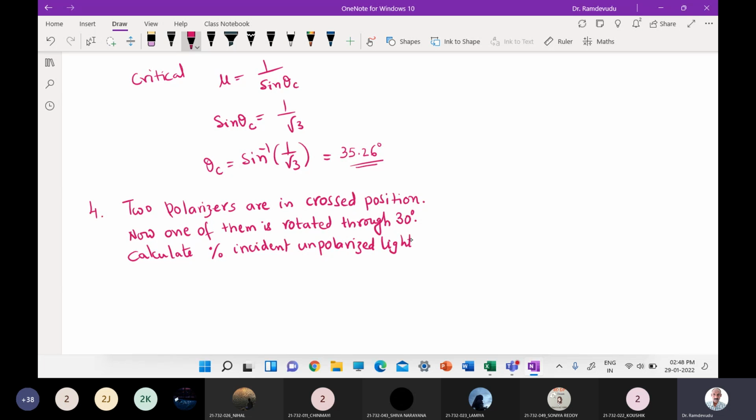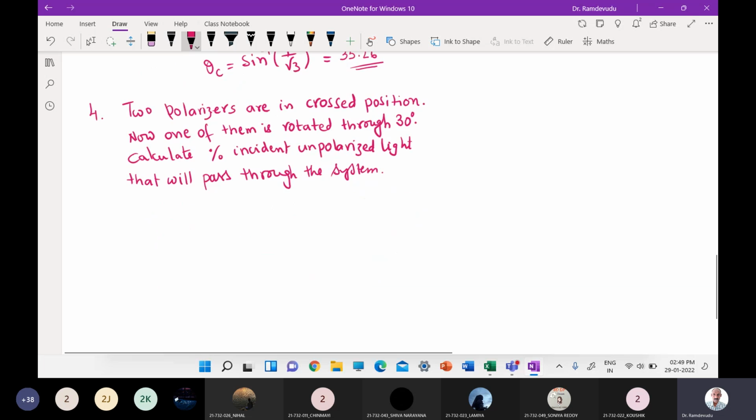Okay, that means they want a percentage for unpolarized light and the polarized light, of course. The percentage of unpolarized light that will pass through the system. How much percentage will pass? So it's also a simple problem.